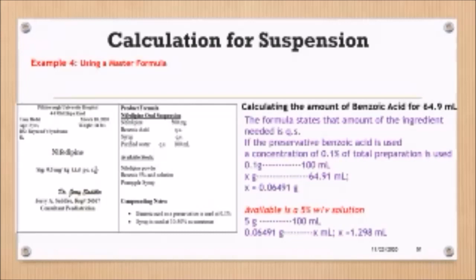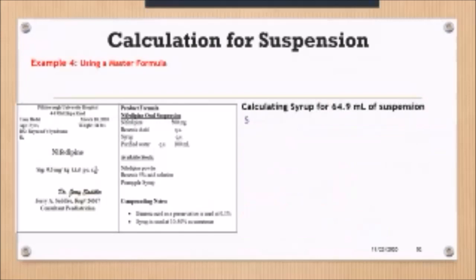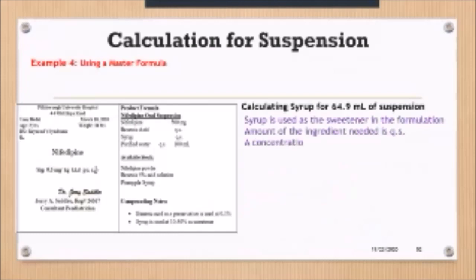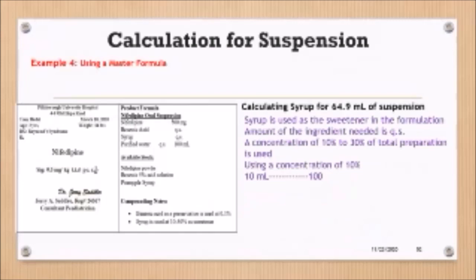And the stock we have is 5%, and the amount of volume of that 5% that will give us the amount of benzoic acid we need would be 1.3 mils. Similarly, syrup is calculated at a dose range of 10 to 30%. We are using 10%, so the amount for the 65 mils of suspension is going to be 6.5 mils.